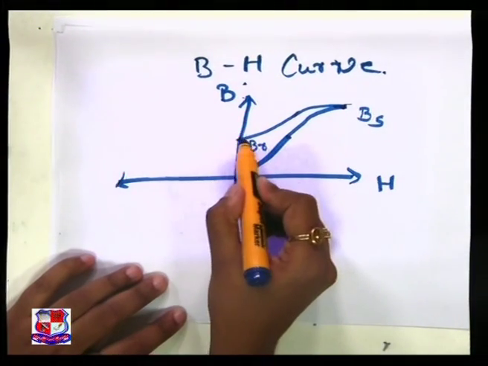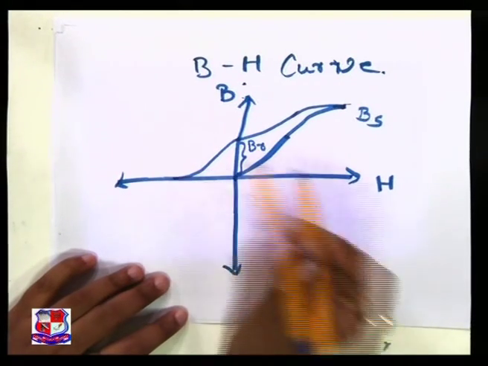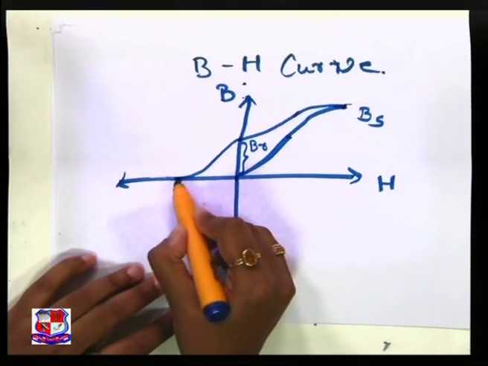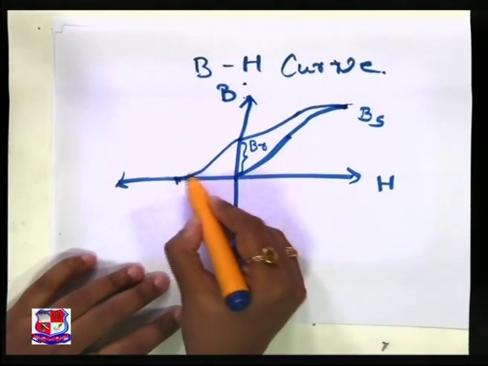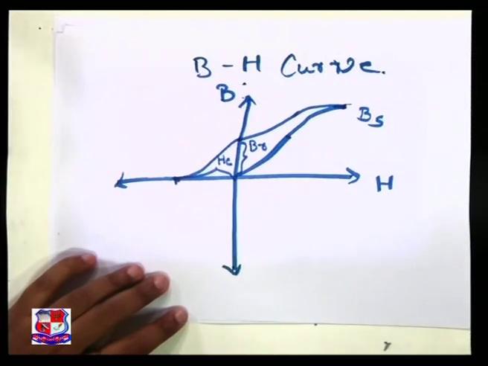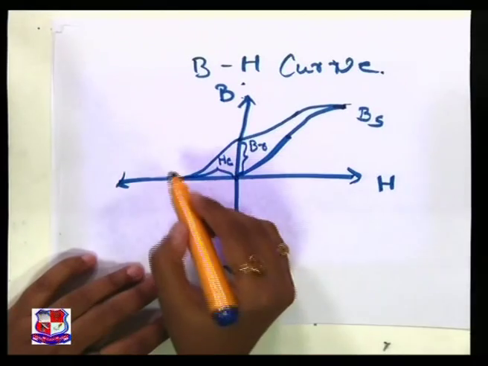If I further increase H in the negative direction, it will reach here where B becomes 0, but H has a certain value. This value is known as HC, or say coercivity of the material. This is retentivity, this is coercivity.